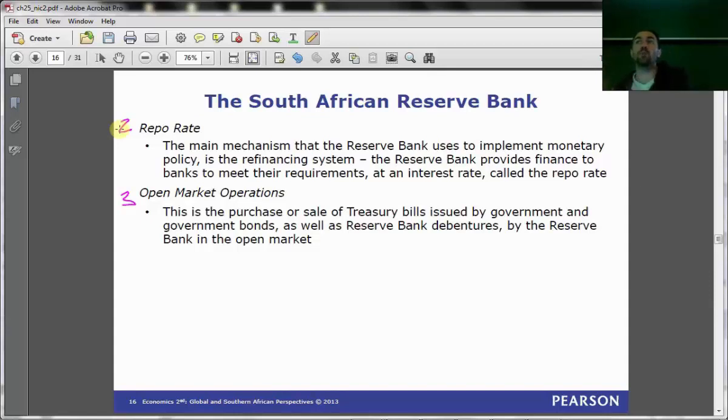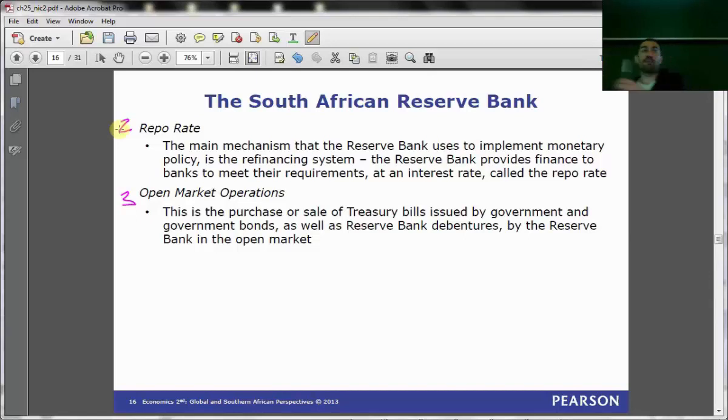So they're going to want to hold more cash on their balance sheet. If they want to hold more cash, it means they're not going to lend it out. If they don't lend it out, what does that mean to the overall money supply? Exactly. If the Reserve Bank increases the repo rate, banks are going to want to hold more cash, and they're not going to want to loan it out. If they don't loan it out, then the money supply is not going to be increasing.